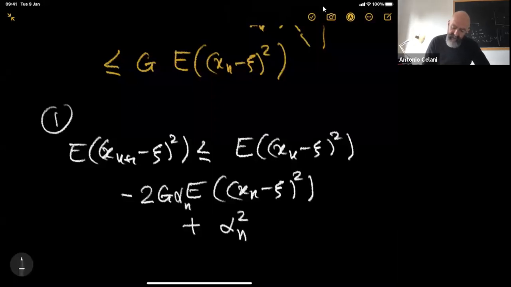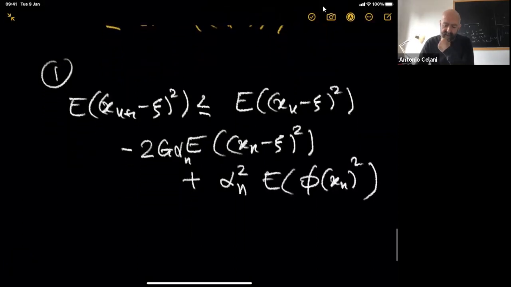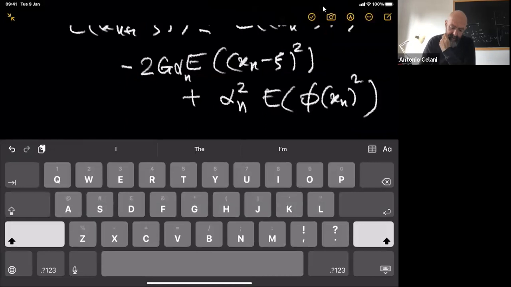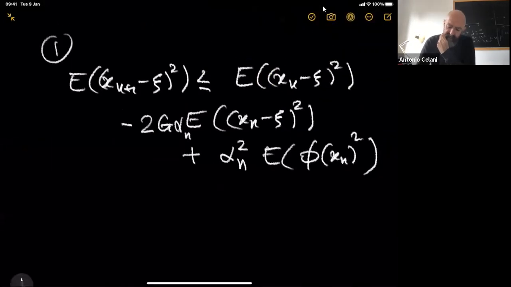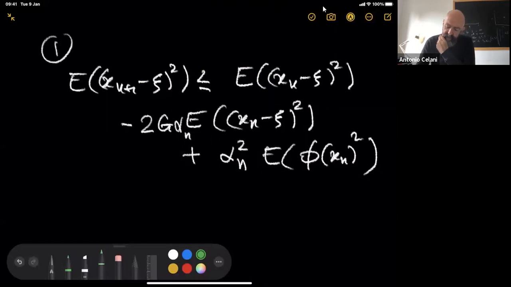And then I have an alpha n squared, the expectation of phi of xn squared. Okay, so first part done. Now second, we're now going to take care of this term here.